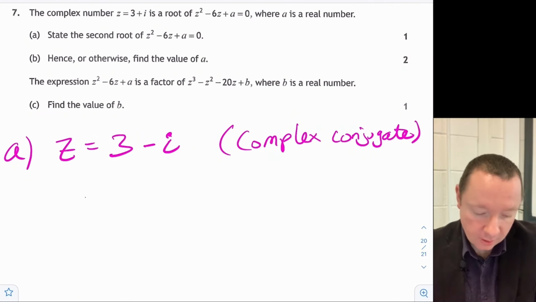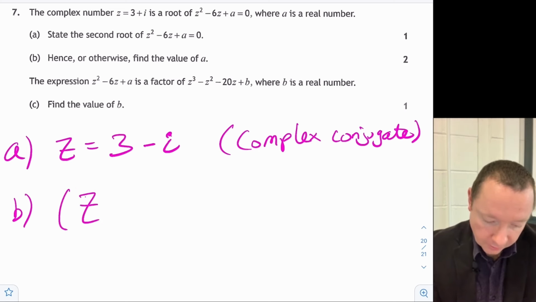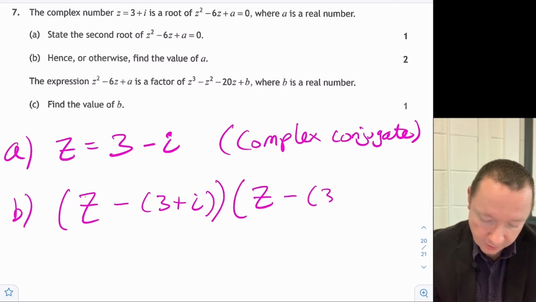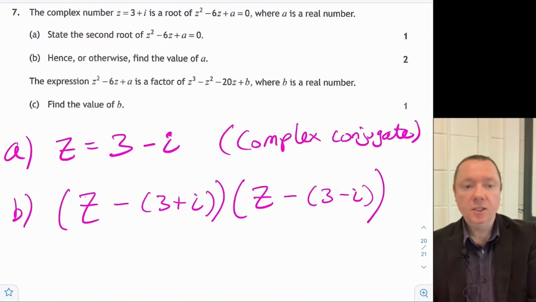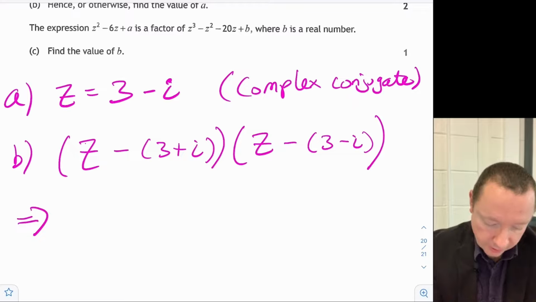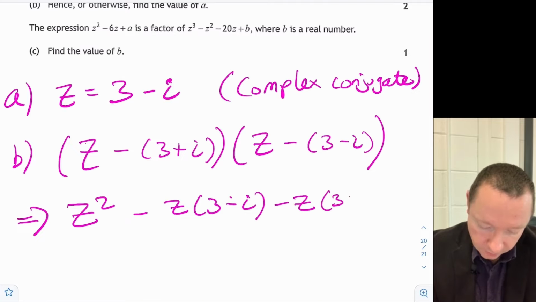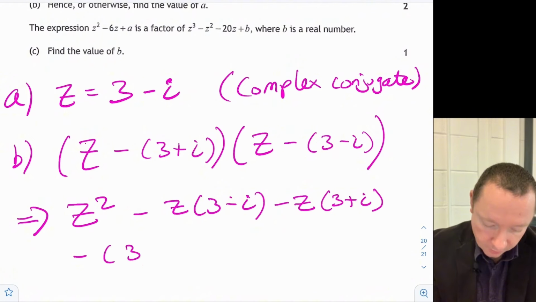Part B says, hence or otherwise find the value of a. So we've got our complex factors: z minus (3 plus i) times z minus (3 minus i). We can expand our brackets in the normal way. That gives us z squared minus z times (3 minus i) minus z times (3 plus i) plus (3 plus i)(3 minus i).